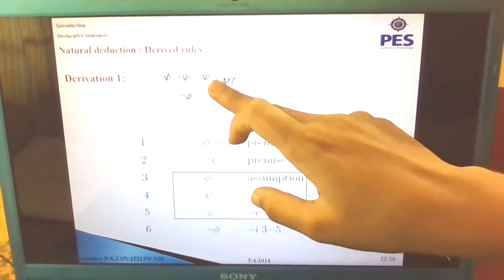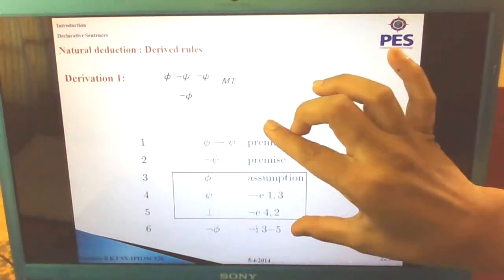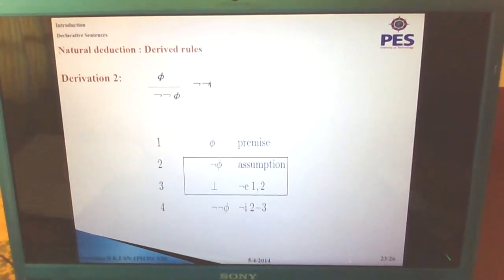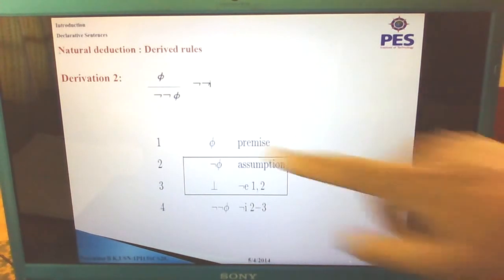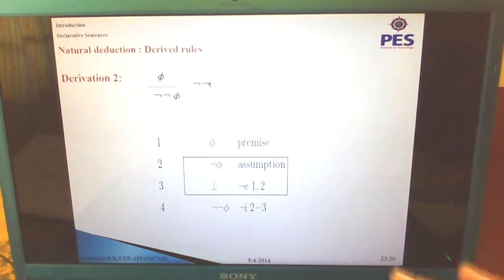We know this rule from the previous slides, so this is the derivation for this rule. This is the derivation rule for double negation introduction.